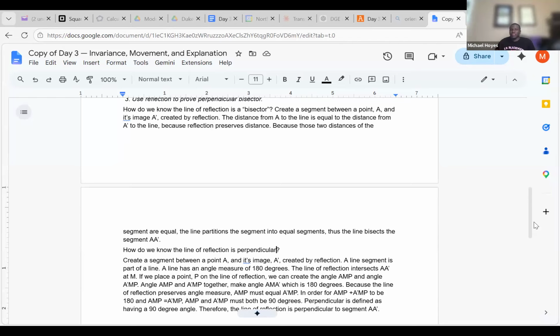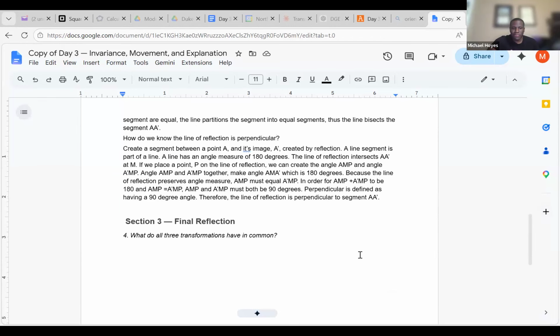What I will say is the logic behind the bisector one is exactly the same. I create this segment, and then I recognize that because reflection preserves distance, this segment equals that segment. Right. Yeah, I think I could. Okay. All right.